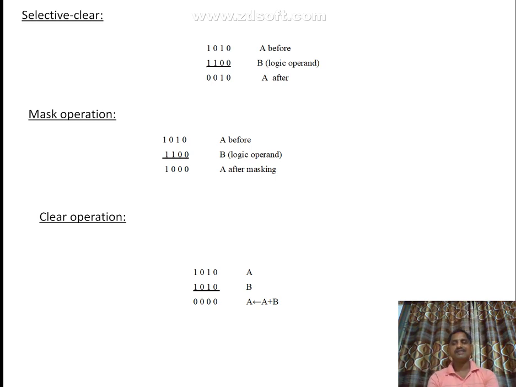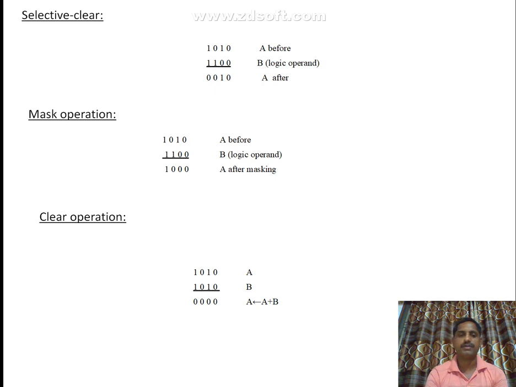And what is the mask operation? The mask operation is similar to the selective clear operation, except that the bits of A are cleared only where there are corresponding zeros in B. The mask operation is the AND micro operation.